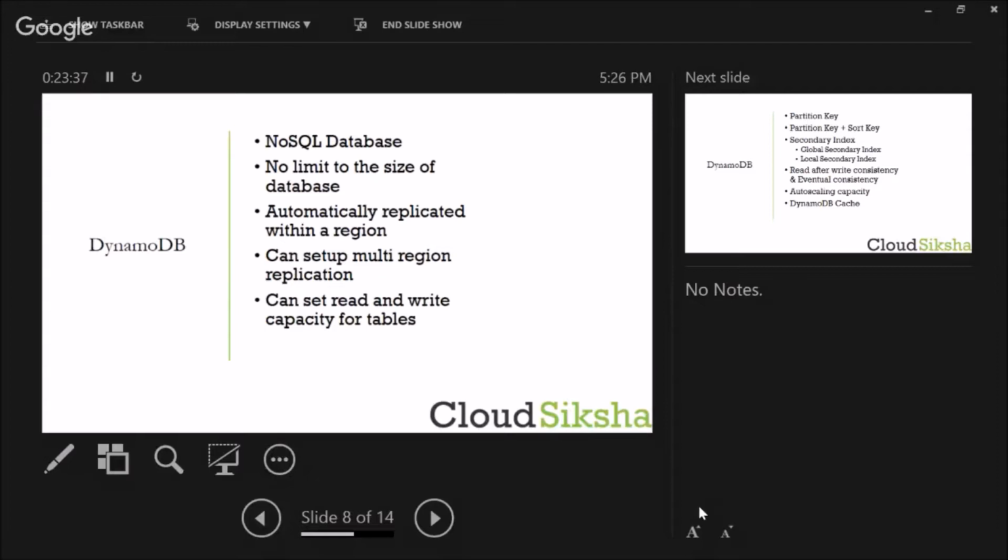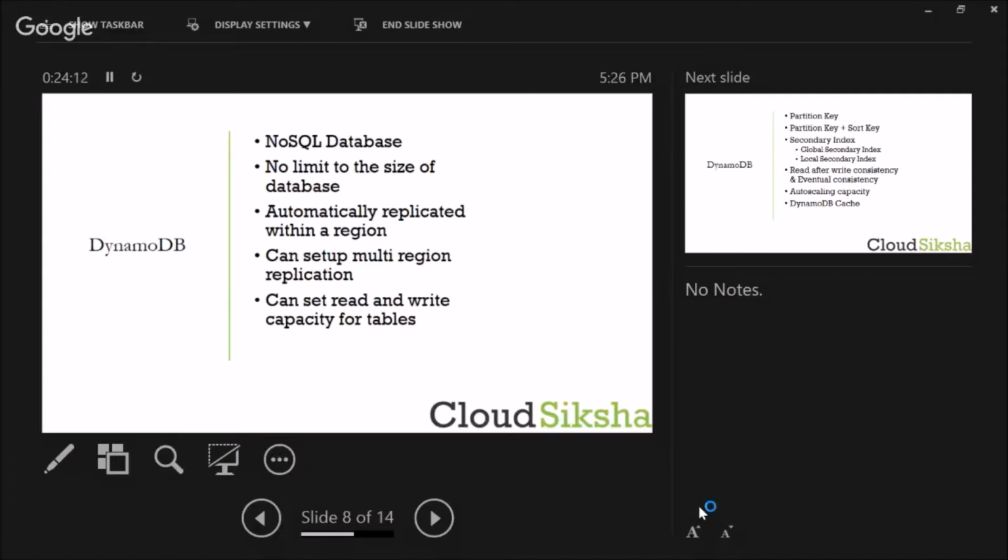It's again a region specific service. So if you have a DynamoDB, you have to specify which region you are using in, and it will make copies of your data within that region. If you need, you can set up a replication from one region to other. And nowadays, they've also allowed you to do backup of the DynamoDB. You can set a backup for the DynamoDB.